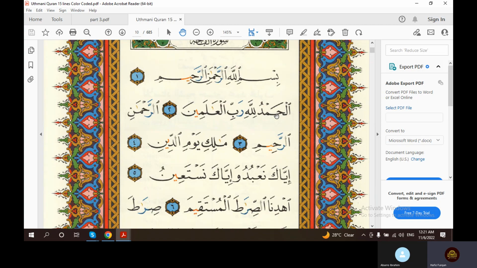Do you see the shadda on this ha? No. So do I read this lam at-tarif? If the letter after that does not have shadda, then we read lam at-tarif. So the answer is yes. We read this lam at-tarif with the sukoon sign on it. Remember that lam at-tarif is always pronounced with the sukoon sign.